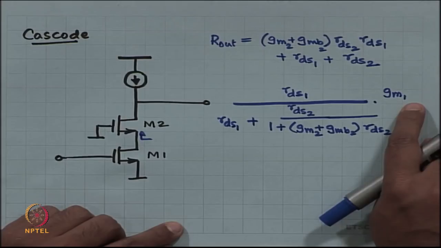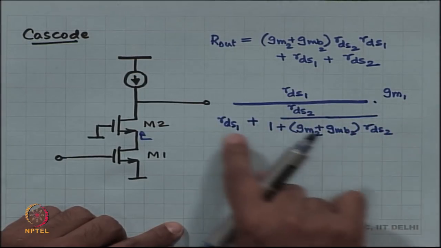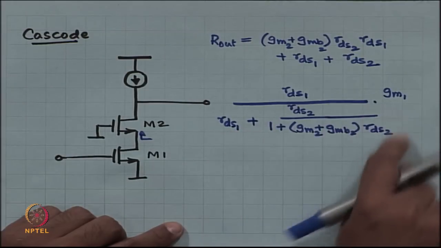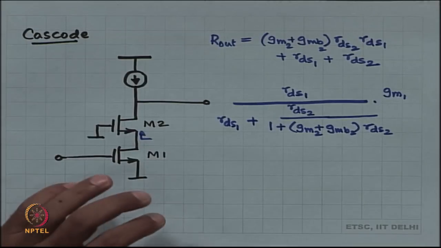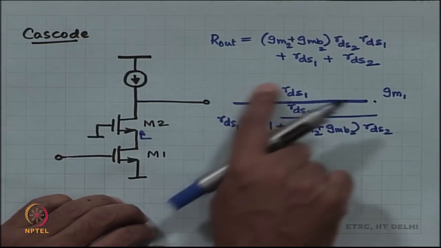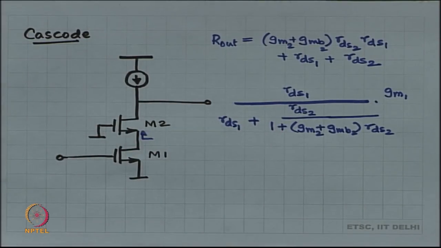GM1 times V in was the current created. That current had to share between RDS1 and this impedance looking into the source of MOSFET number 2. This is the current sharing relationship.